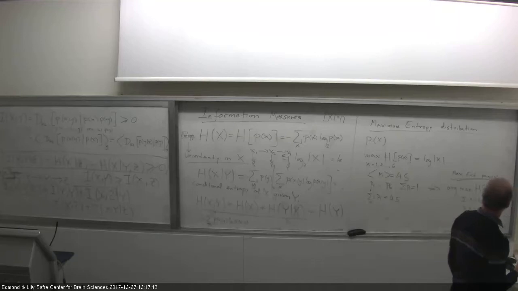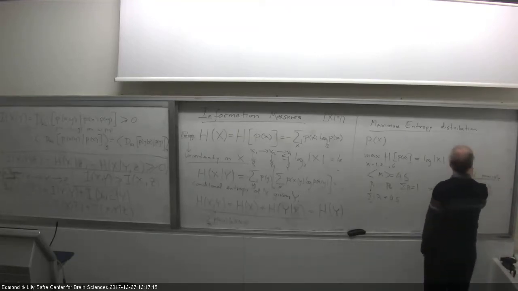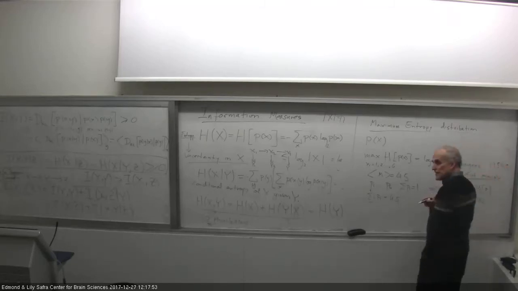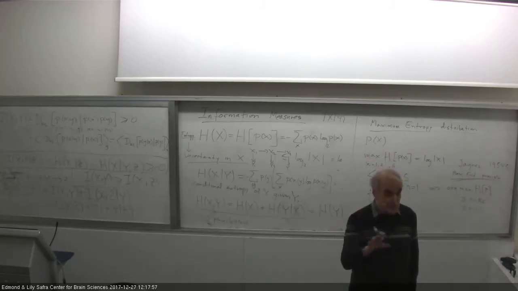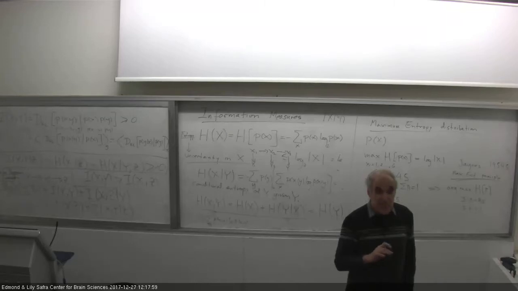This is actually due to a guy called Jaynes in something like 1954 and 5, in two very famous papers. He actually motivated this principle as an inference principle. If I have partial information about the distribution, just like we had maximum likelihood.